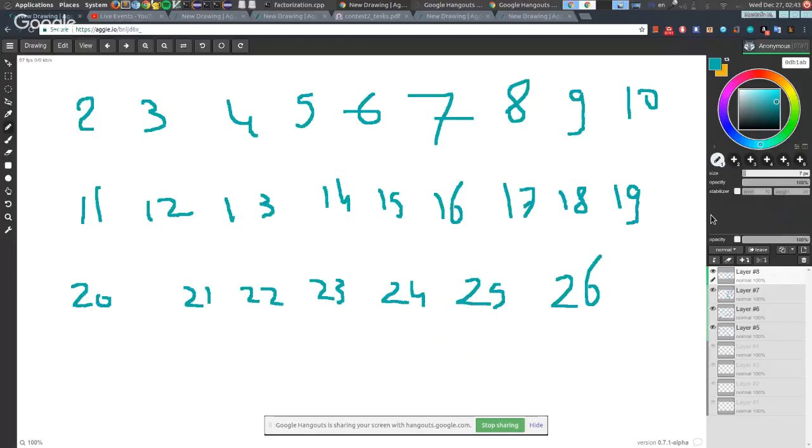So if we have all these numbers from 2 until 26, we'd like to find out which of those are primes and which are not.